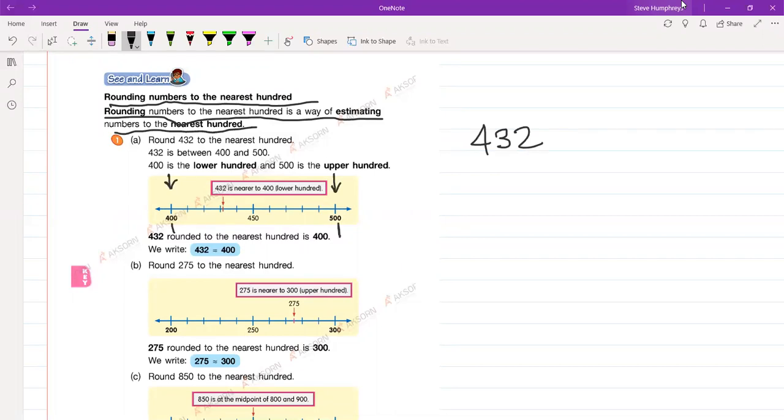When you round to the nearest 100, you have to look at the last 2 digits. If your last 2 digits are between 1 and 49, round down.